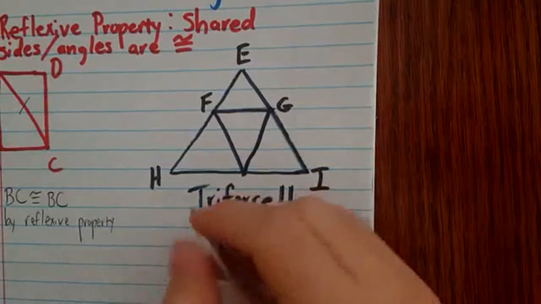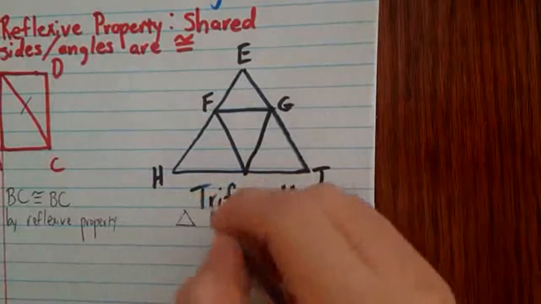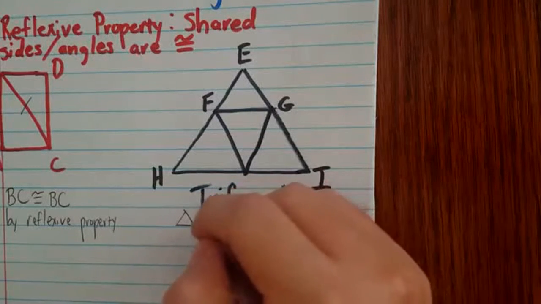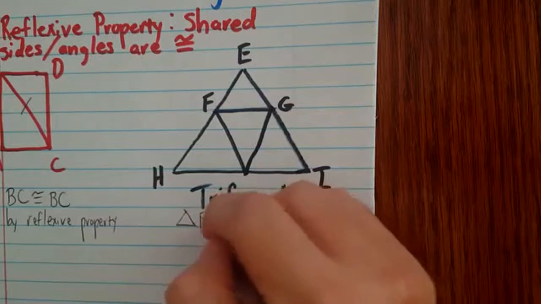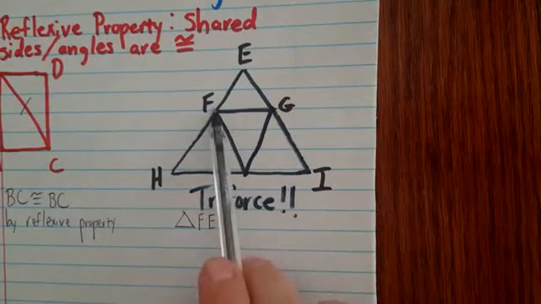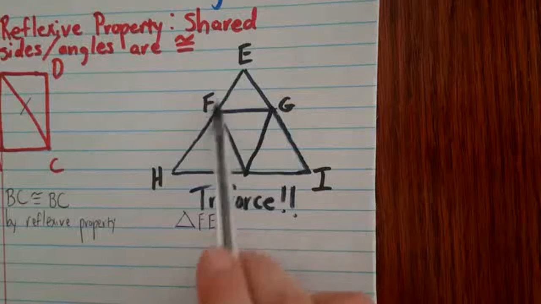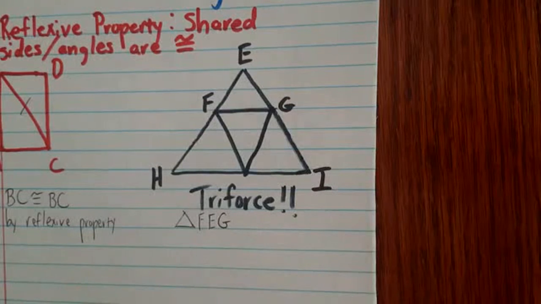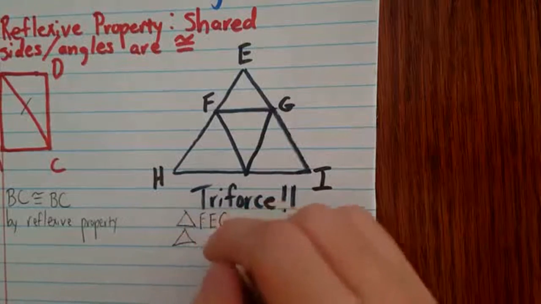I've got triangle, let's do this right, FEG. And that's this triangle right here, FEG. So this triangle up at the top here. And I also have another triangle that I'll just name. Here I'll go, okay, let's say triangle HEI.